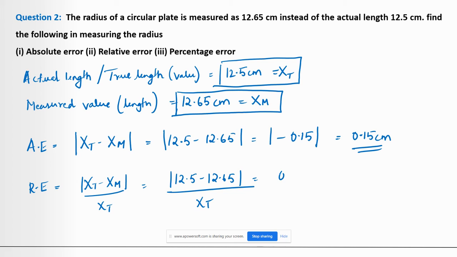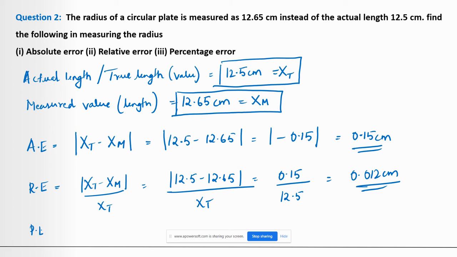So this is going to be 0.15 divided by 12.5. After solving, the answer we will be getting is 0.012 centimeters.